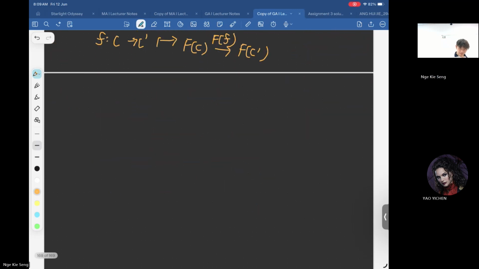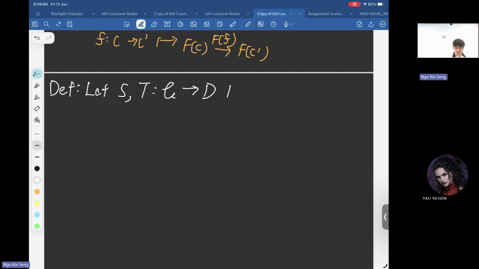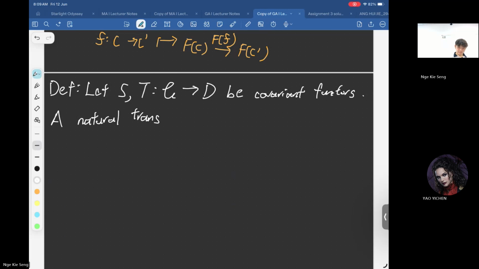So let's take two covariant functors. Covariant just means that it will preserve the order of your map. Let's take two covariant functors, and then we have a natural transformation now from S to T. Okay, so this is a map between maps.